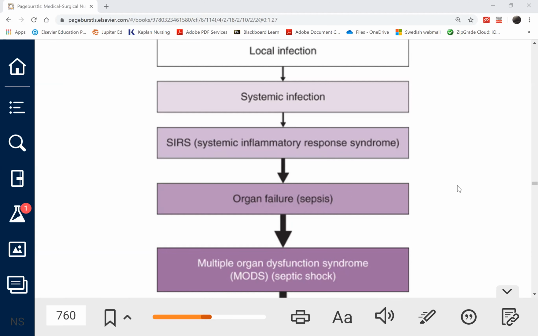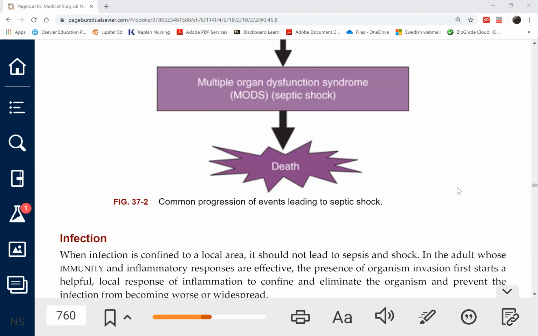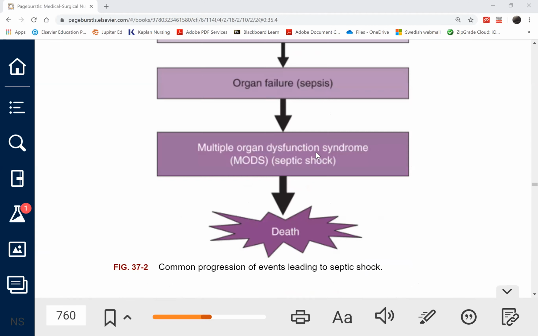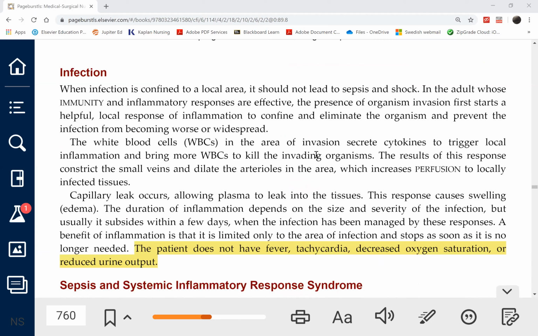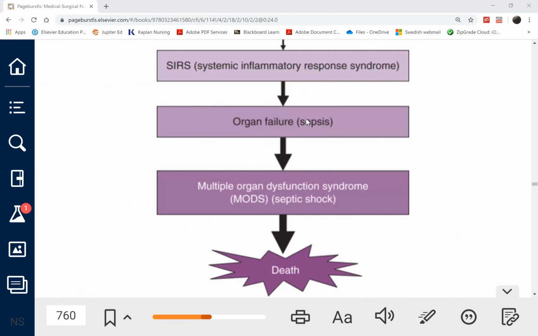Well, the answer is no. When we get to these stages, they follow a different pattern, which is again the reason why sepsis has a high mortality. It's not only difficult to treat, but the symptoms, especially between sepsis and septic shock, can be very deceiving.